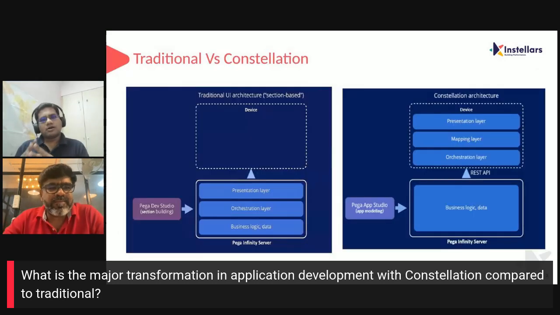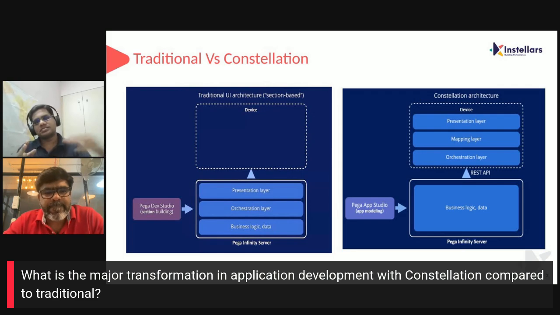Sure, Manju. As I mentioned, Constellation uses a center-out architecture, meaning we focus on business outcomes and customer journeys first, instead of getting stuck with technical details or underlying systems. This is a big shift from the traditional approach. In the past, business logic and data were tightly coupled to the UI sections and action sets where tasks were triggered.